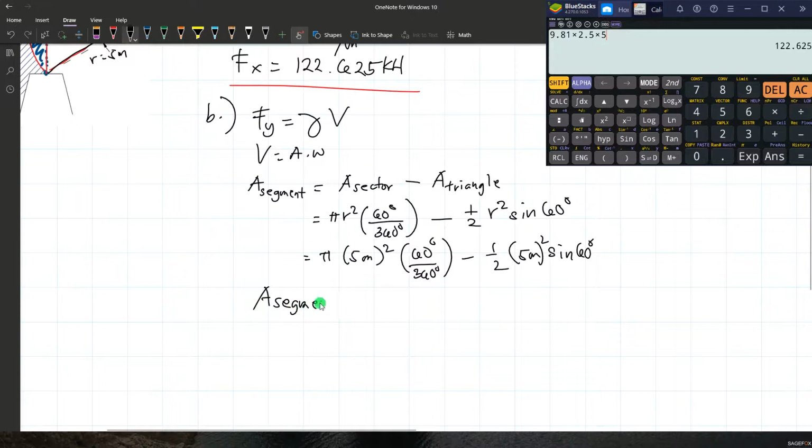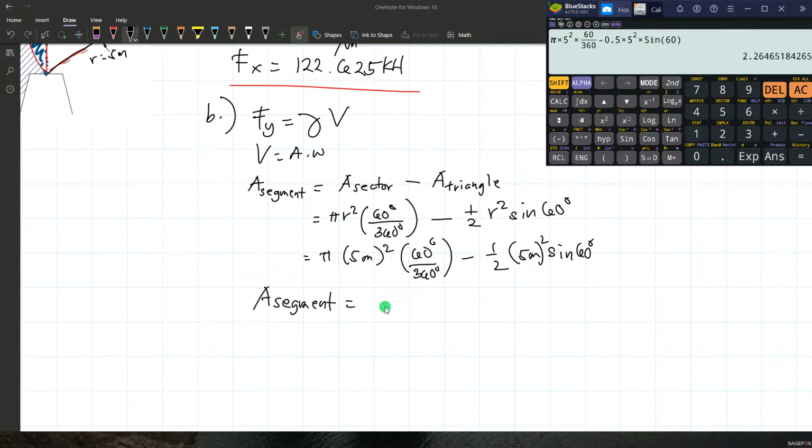Now, the area of the segment is equal to pi times 5 squared times 60 over 360, then subtract the area of the triangle, 1/2 times 5 squared times sine 60.